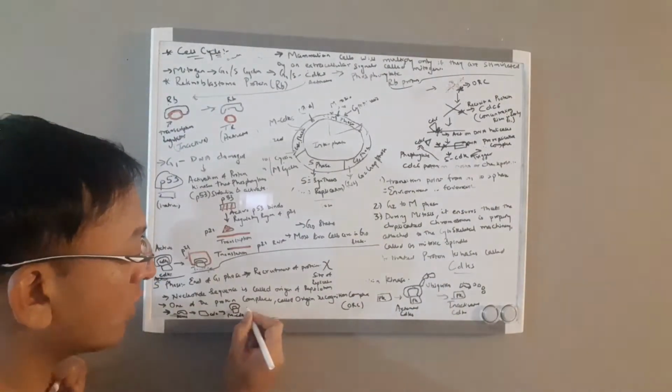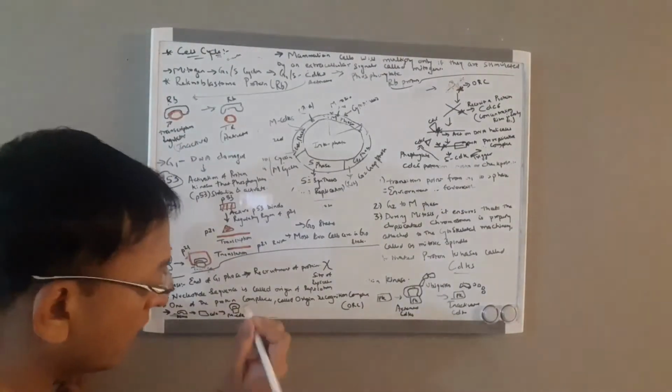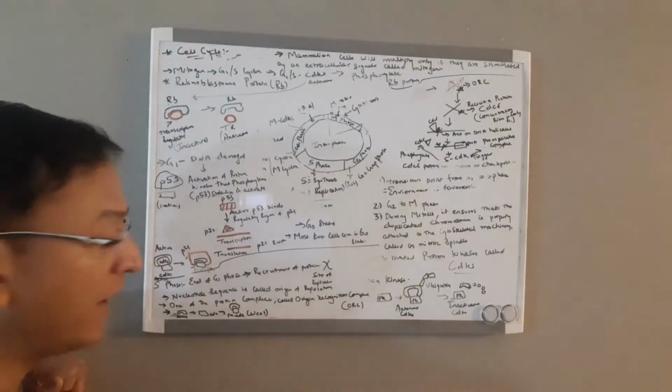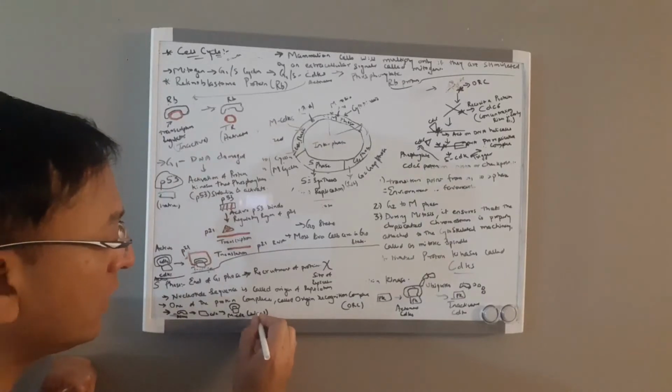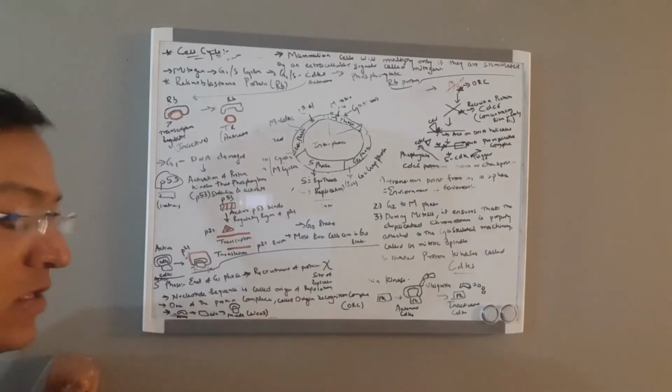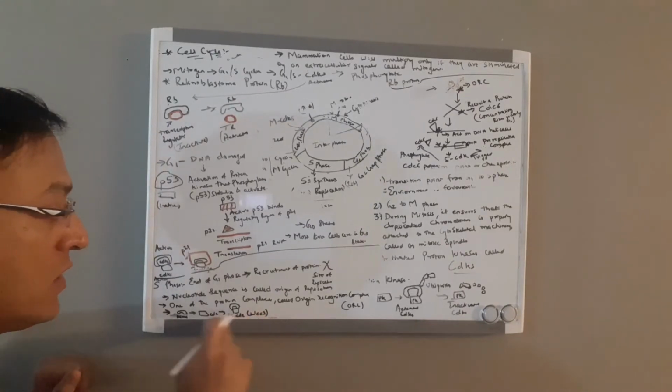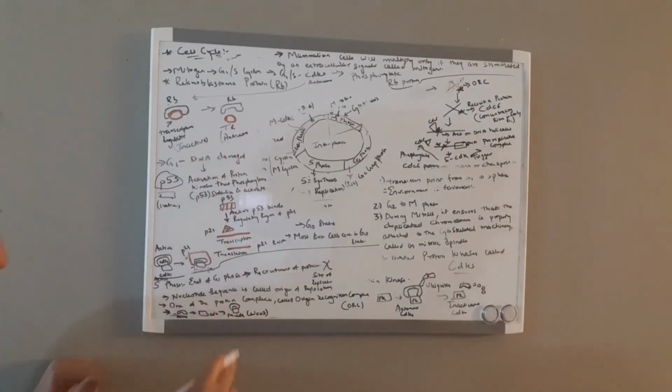This MCDK is phosphorylated by a protein kinase known as WEE1, and it is still inactive after this phosphorylation.